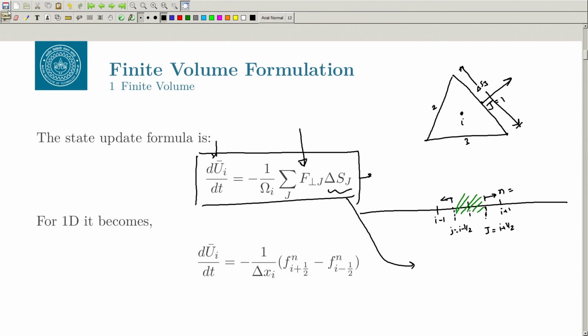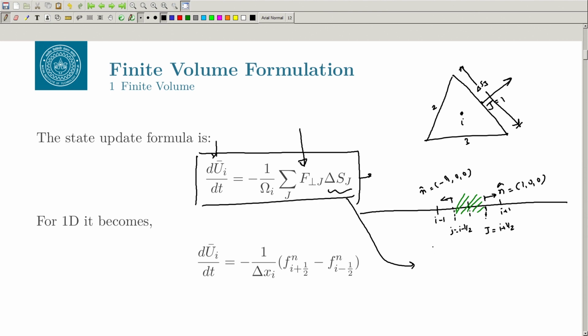So, n is nothing but 1 0 0. That means unit normal in the x direction, and because it is 1D flow there is nothing in the y and z direction. And on this side n is minus 1 0 0, right, because the area normals are always perpendicular to the interface.